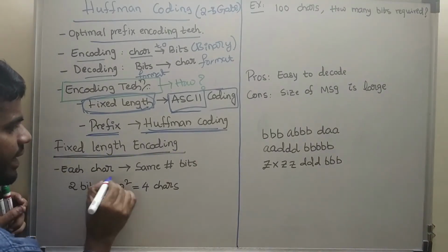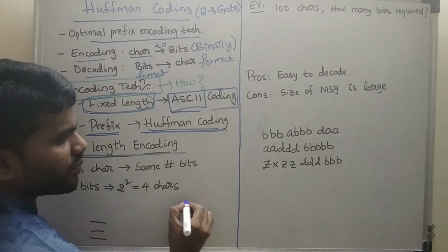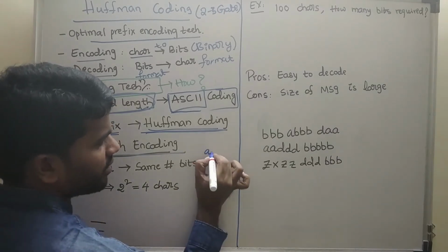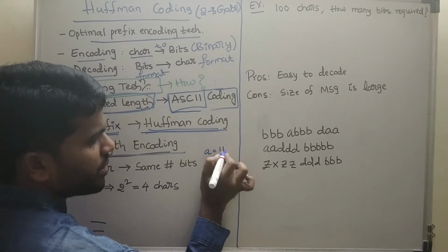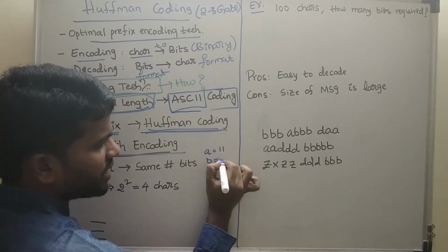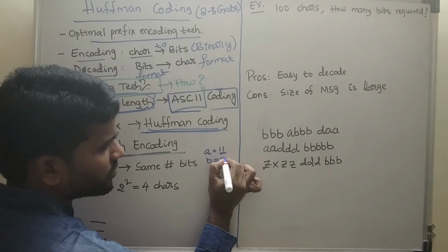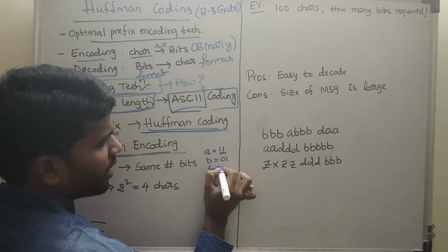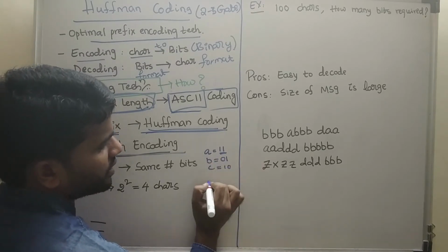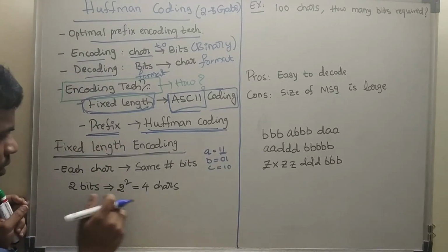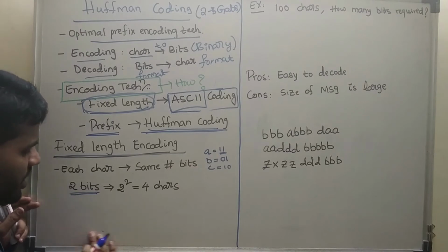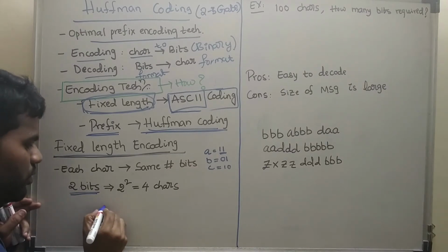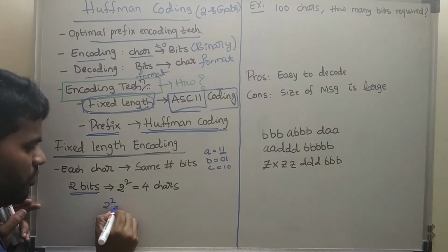Here each character is represented with the same number of bits. If A is represented with 2 bits, then B also has to be represented with 2 bits, but not the same ones: 0, 1. And another character should be represented with 1, 0, like this. With 2 bits, how many possible combinations are there? 2 power 2, that is equal to 4.